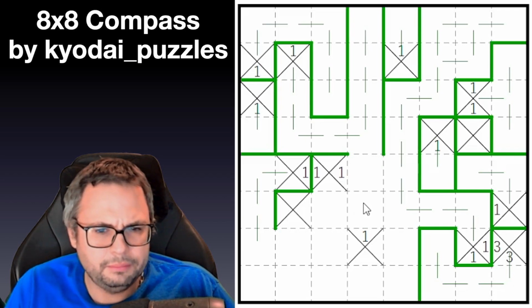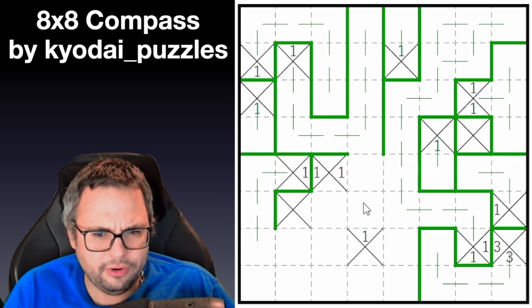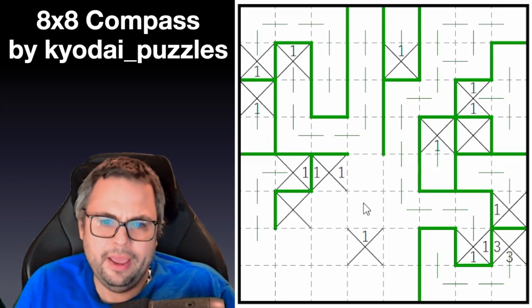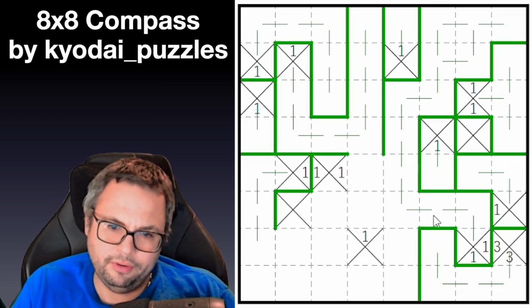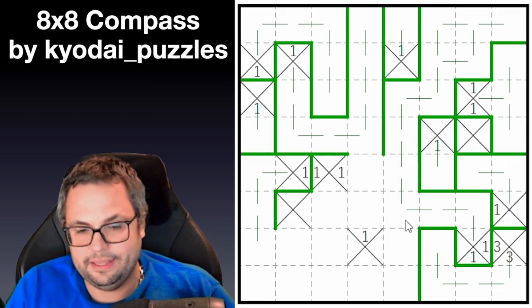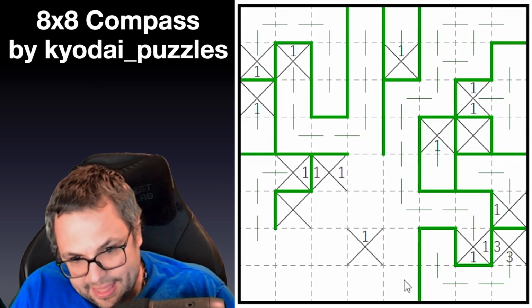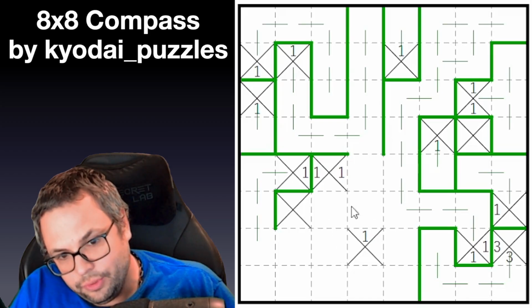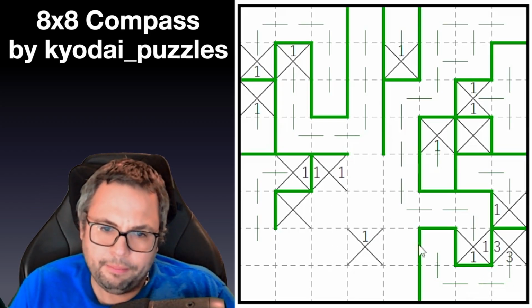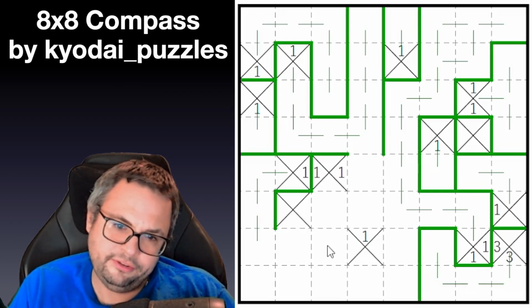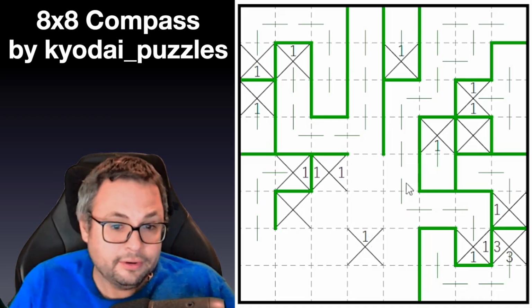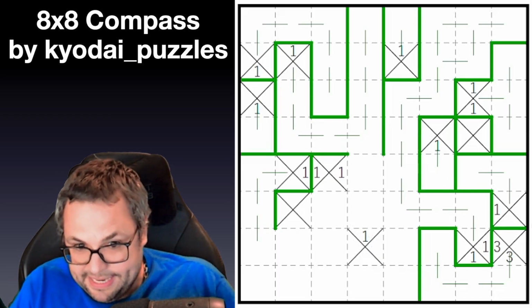Okay, so we might have to argue about what corridor it's going to take. Yeah, we have to argue, how is it getting to the bottom row? Because this compass region, this huge one, it has to get to the bottom row. And it either is going to take this path to the bottom row, or it's going to go between these two compasses. And the problem with the between these two compasses path is that it makes it impossible for this to get a cell in the row above it, because literally every cell in the row above it would be taken.